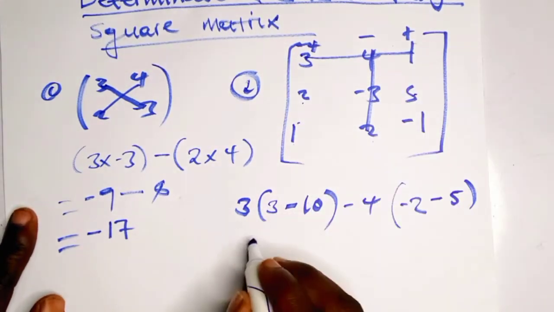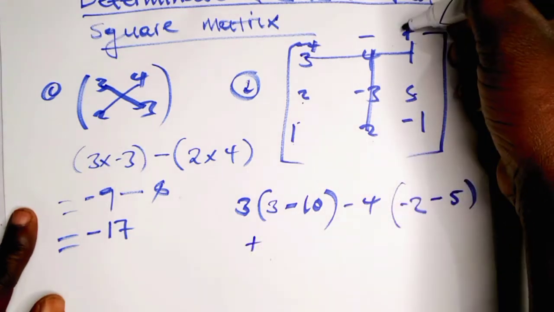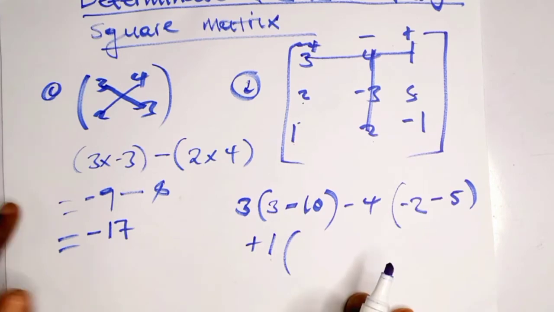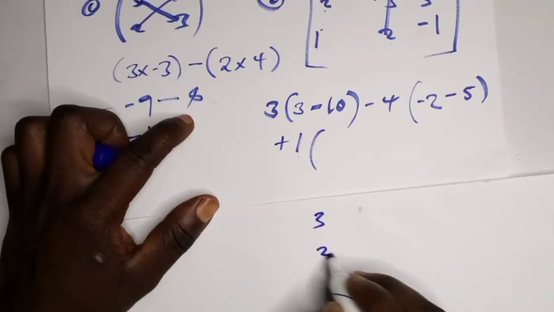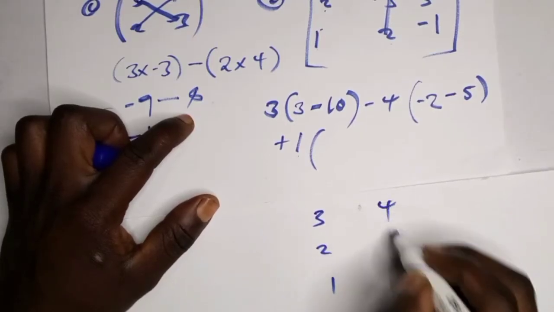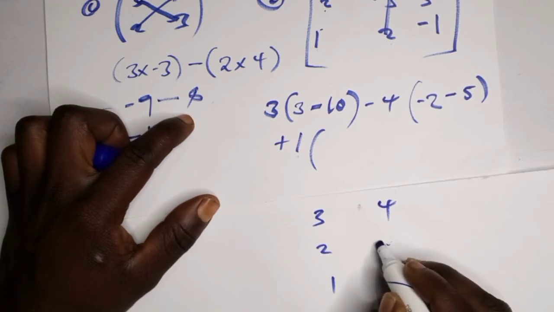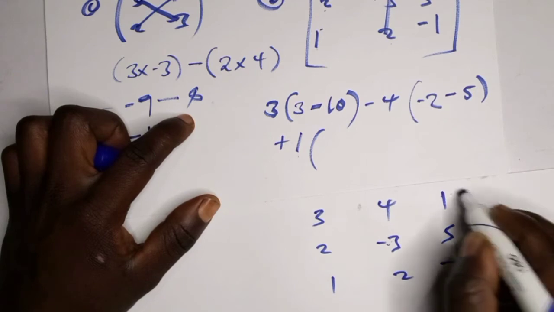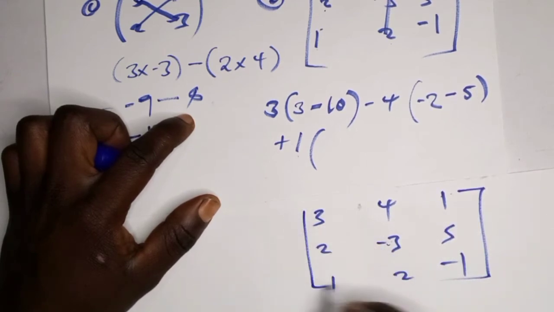Then the last one, plus c, we take this sign, plus 1, open brackets, 2, 1, 4, minus 3, 2, 1, 5, minus 1, matrix.